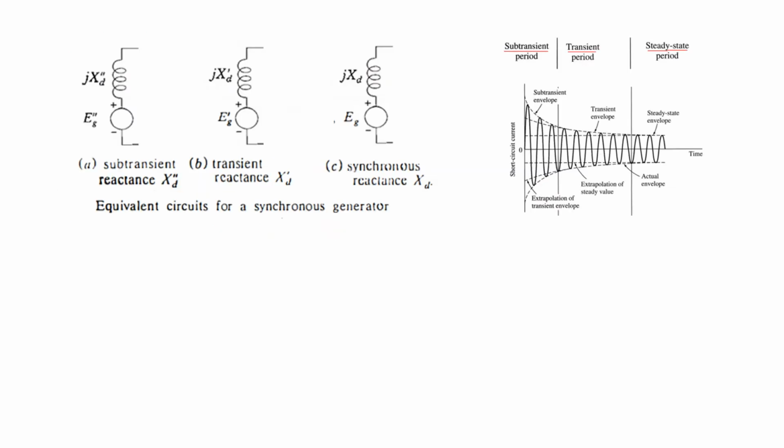Now let's see the equivalent circuit for synchronous generators. For the subtransient period, the voltage will be represented by this double dash, and the same for the reactance. For the transient period, it will be with the single dash, and for the synchronous reactance or steady state period, there will be no dash.